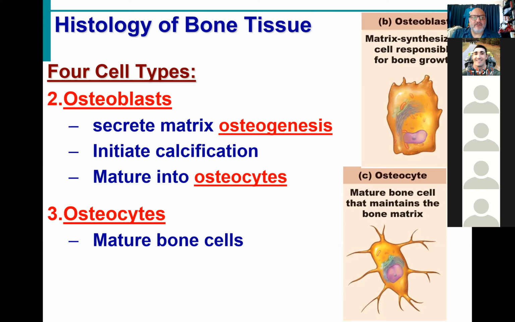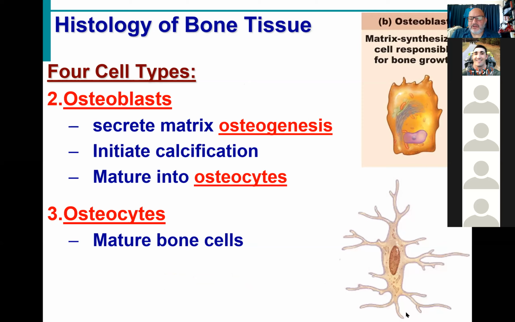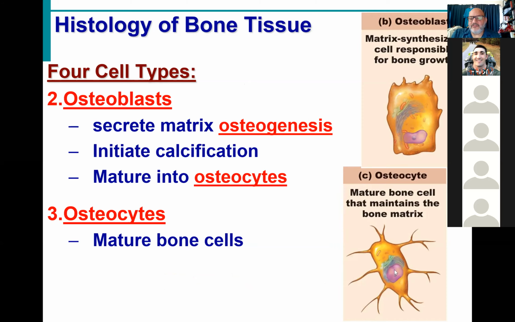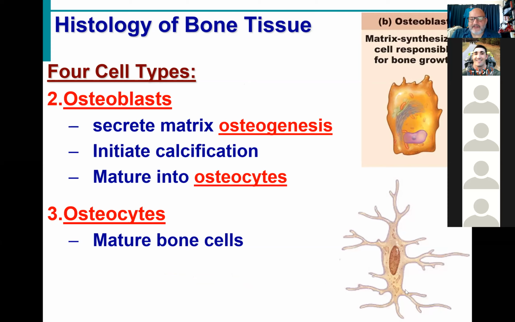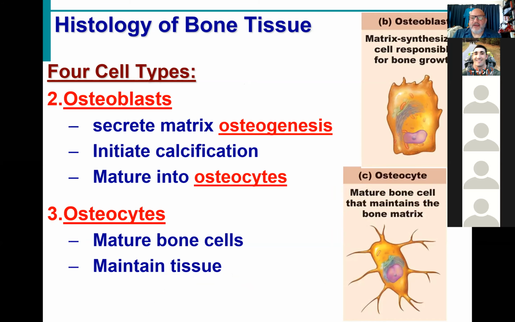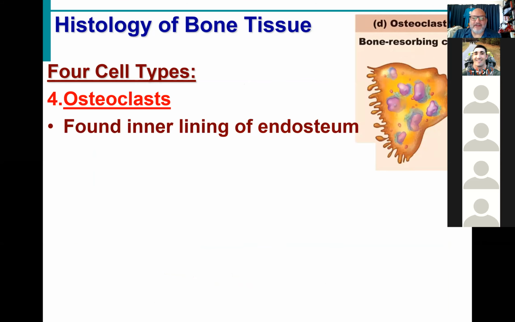All right. So we have these, and again, here's a better picture. These are the pictures from your textbook, and this one still seems kind of chunky, but the osteocytes become these thin, narrow cells. As we've seen, those lacunas are thin, narrow spaces with these long processes radiating off of them. And the function of these osteocytes is to maintain the tissue.